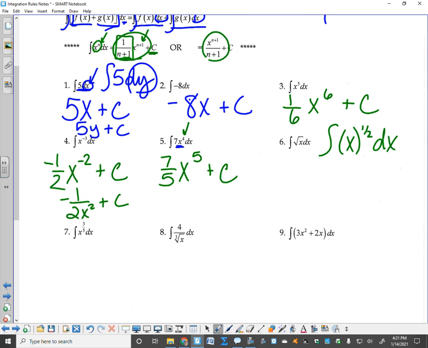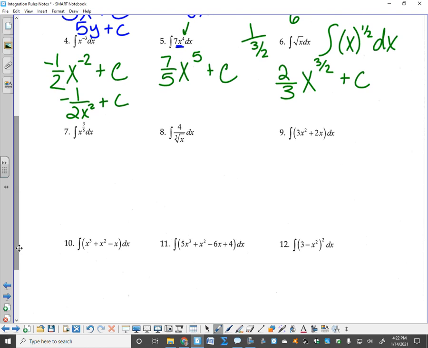So when I add 1 to my 1/2 and I get 3/2, when I bring that 3/2 out front and put it on the bottom, it's really going to make it a 2/3, because technically what I'm doing is 1 over 3/2. Then I flip it and I get my 2/3. And then it would be x to the, not the 2/3, but the 3/2, because that's what 1/2 plus 1 is. And then don't forget your plus c.